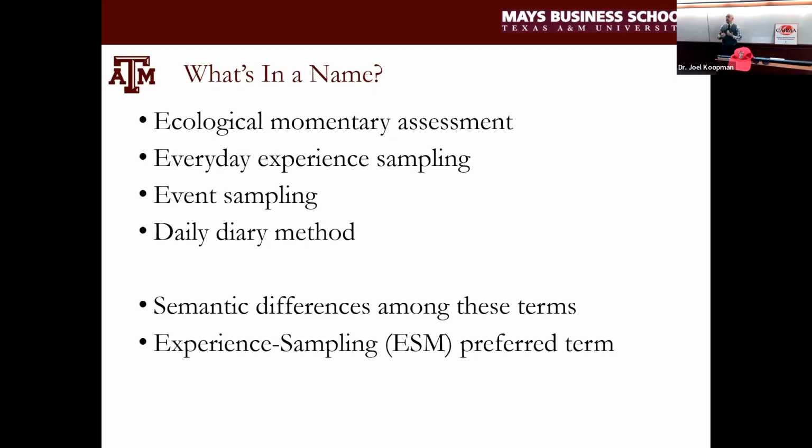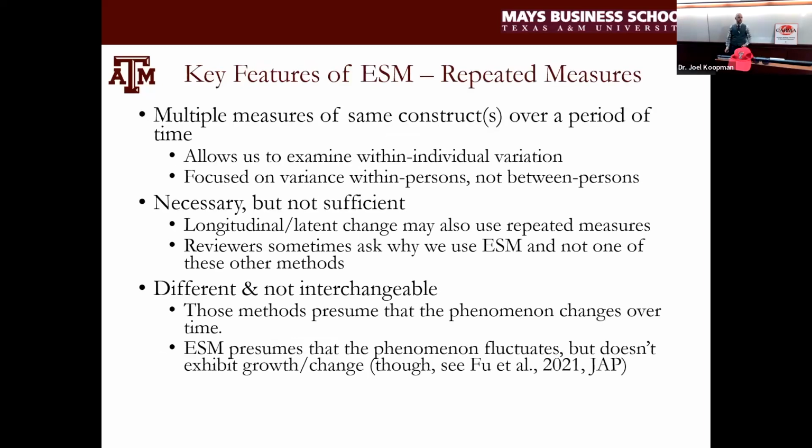There are some semantic differences between these terms. They're not explicitly interchangeable, but for our purposes, it's close enough. ESM, experience sampling, is the agreed upon term at this point.